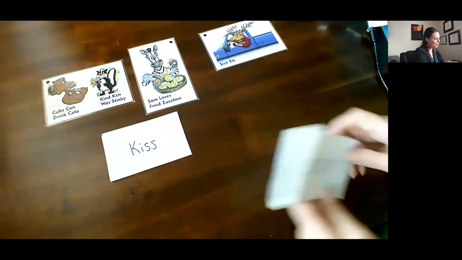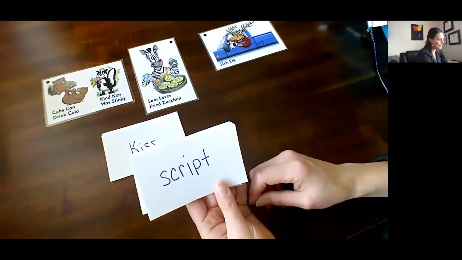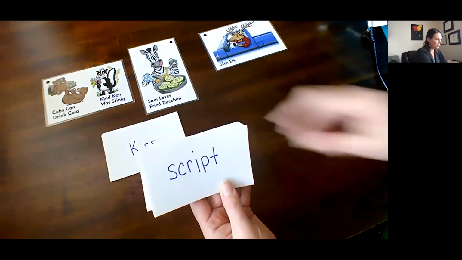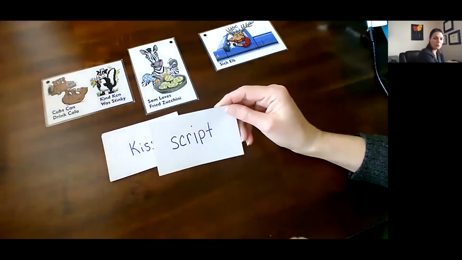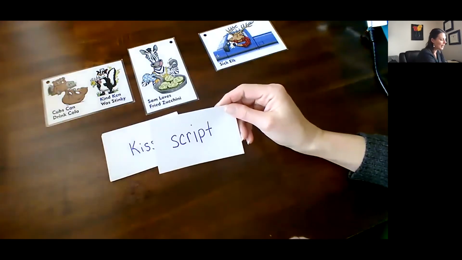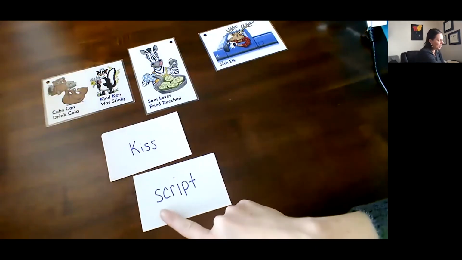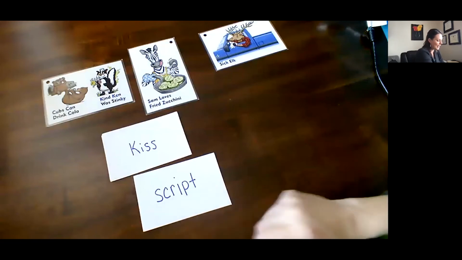If I flip through my cards, my next word is script. Your student can read that word. And then they're, again, determining where that word would land. This is a great one to pull during this vlog because you're going to notice you got this blend here with the SC.